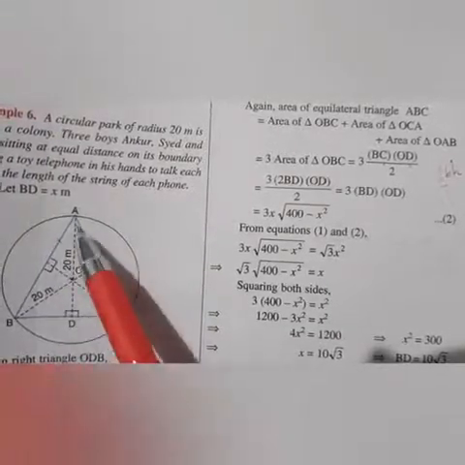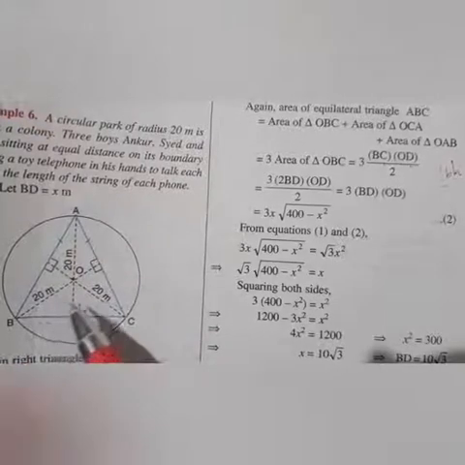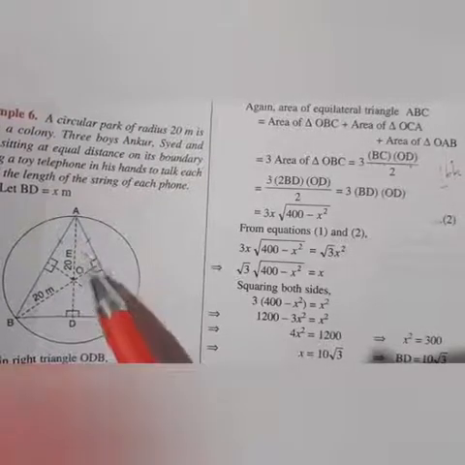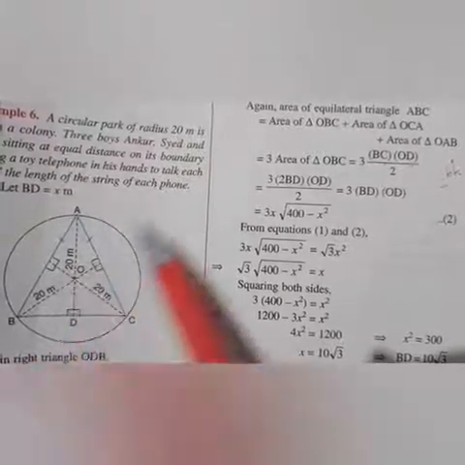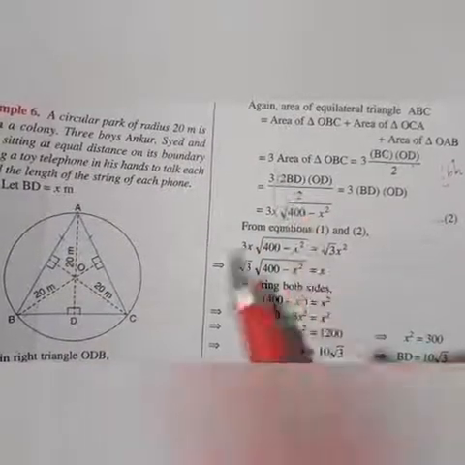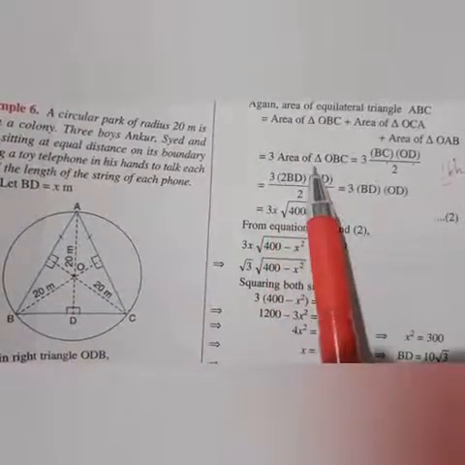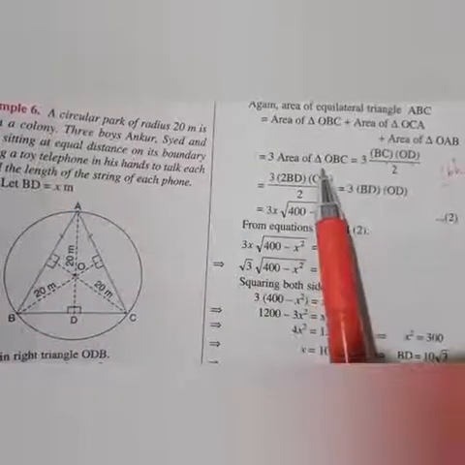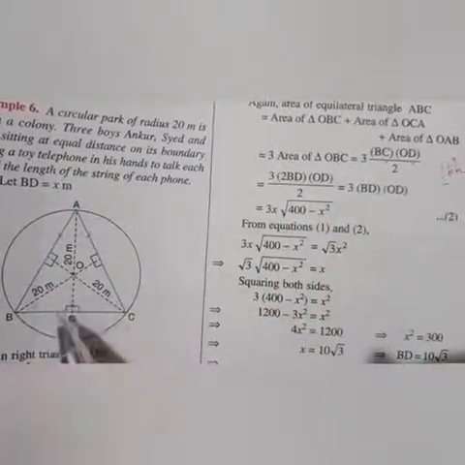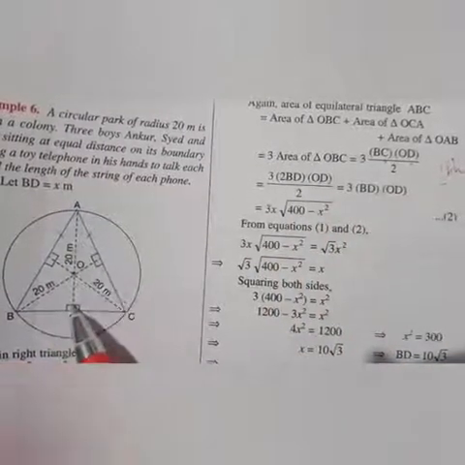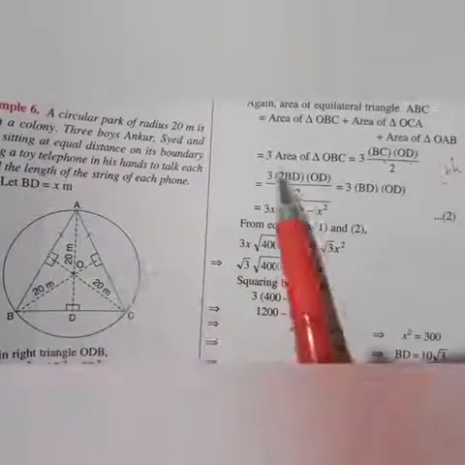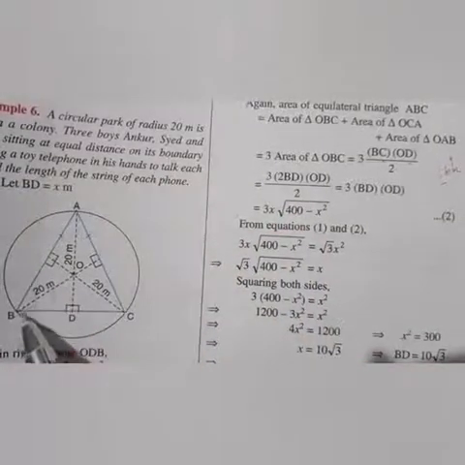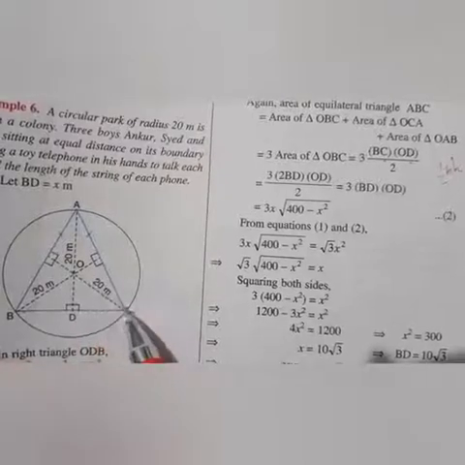So the area of this equilateral triangle is the sum of areas of these three triangles. Now these three triangles are equal, so we take 3 into area of triangle OBC.